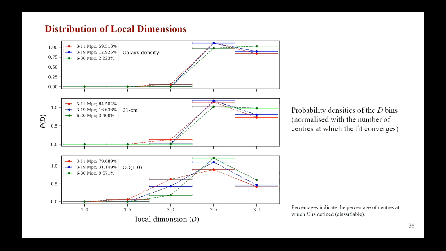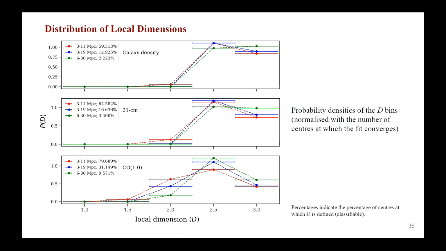We applied this on our galaxy density maps, our 21 centimeter maps and CO maps, and as you can see, the galaxy density and 21 centimeter maps more or less show something between a sheet and a cluster, so from 2 to 3, something in between. Whereas the CO shows more or less the same thing, but with slightly more weightage towards the sheet-like structure.